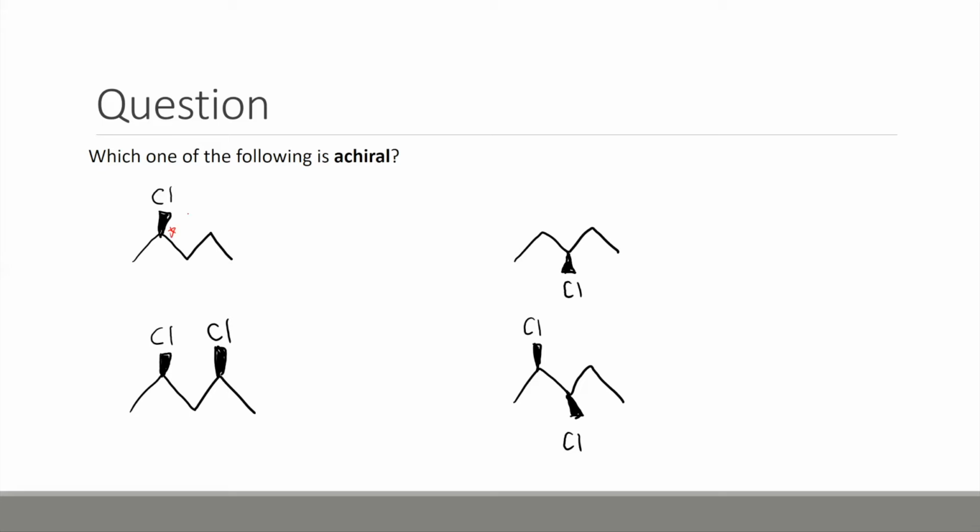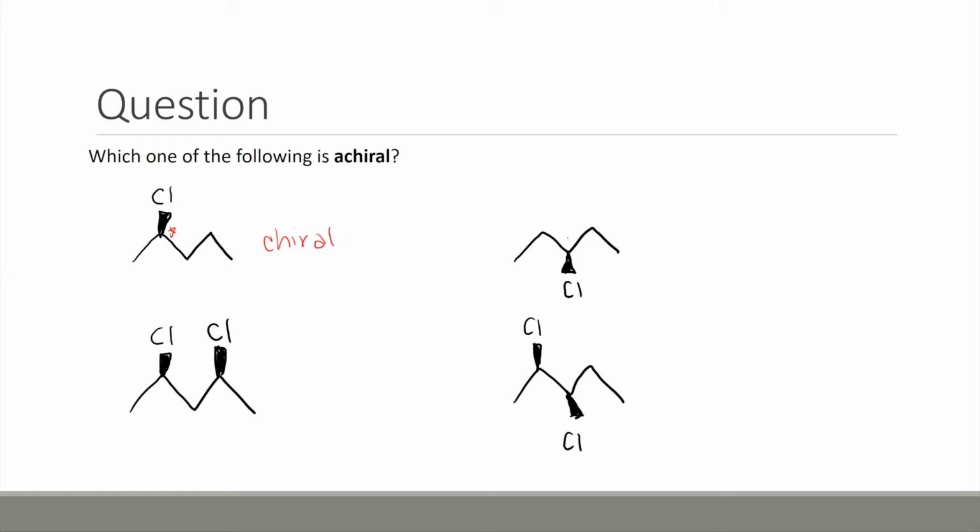You can see there are 4 different things bonded to it. And this particular molecule and where its chiral center is, it does not have any plane of symmetry, so this is a chiral molecule.